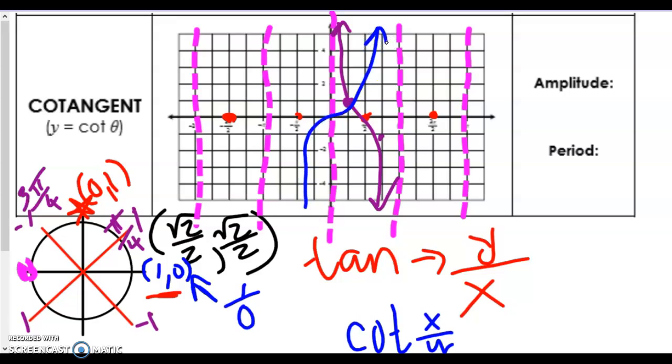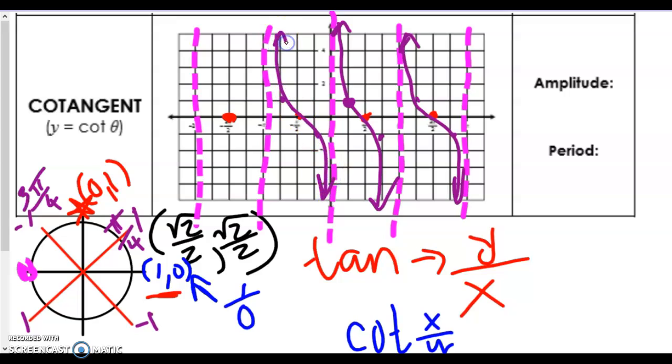So it's reciprocaled and then flipped over. We're going to get rid of that because we're doing cotangent, not tangent. But it's shifted and flipped over, reflected, let's say, over the x-axis. So this pattern is going to hold true.